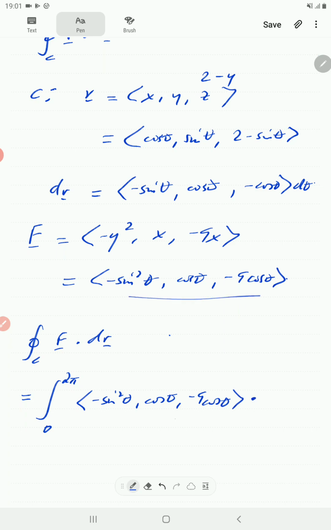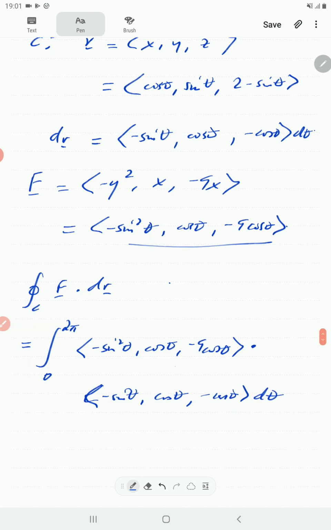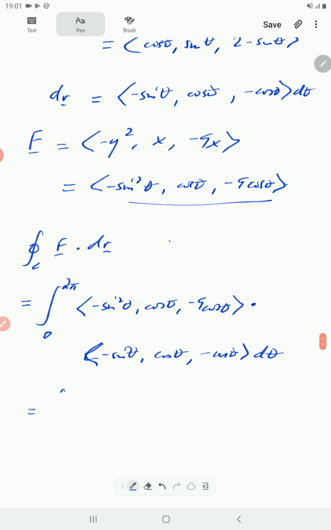So that's just our f here, dot dr. Well, dr is minus sine theta cos theta minus cos theta d theta. We just do this dot product here.